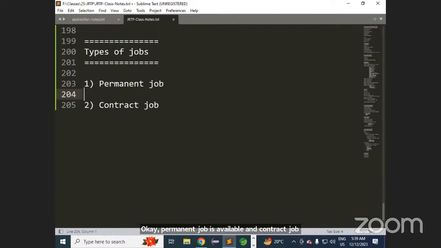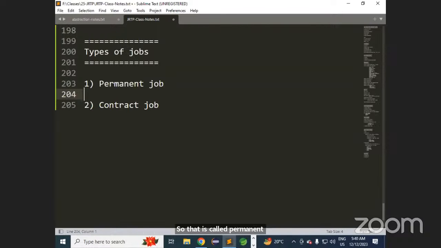Permanent job is nothing but you are getting a call from TCS company HR. They will take your interview. If you got selected in the interview, TCS will give the offer letter. You will join the TCS company. You will work on the TCS project. So that is called a permanent job. Are you getting my point? Okay.